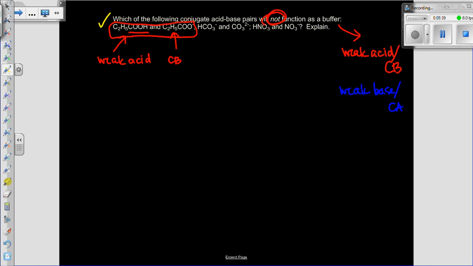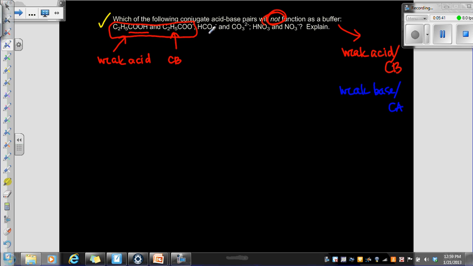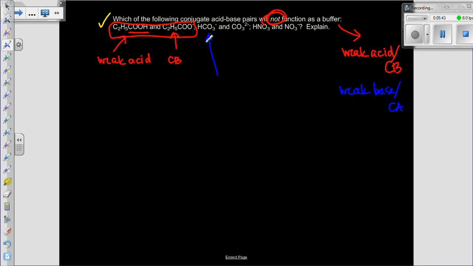Okay, so now we want to look at the next pair. In here we've got the bicarbonate or hydrogen carbonate ion, and then we've got the carbonate ion. So let's look at this one first. It's not one of the strong acids, like HCl, HNO3, H2SO4, so this could be our weak acid.